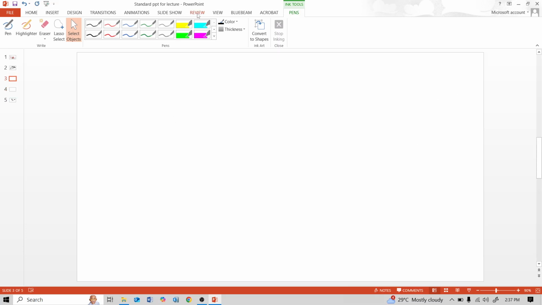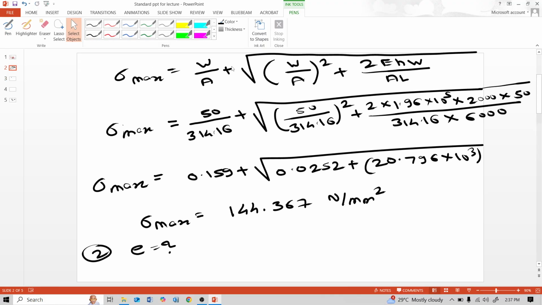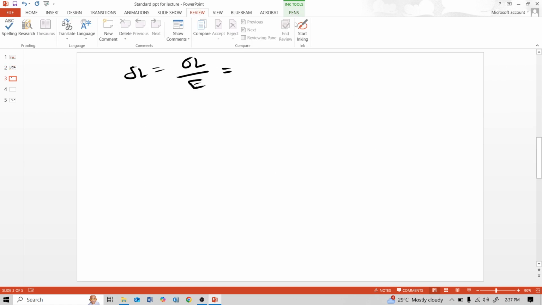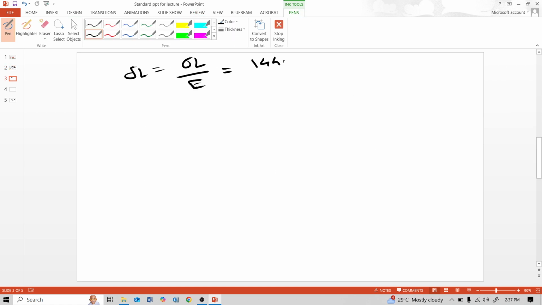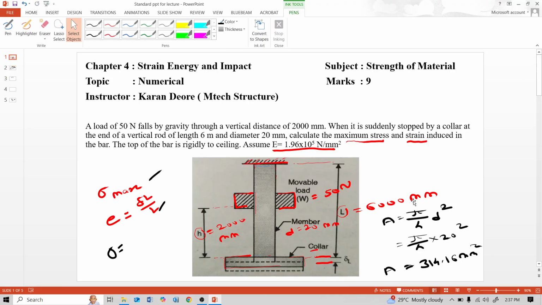Delta L is sigma L upon E. Sigma is this 144.367. Length is the member length, 6000 mm.